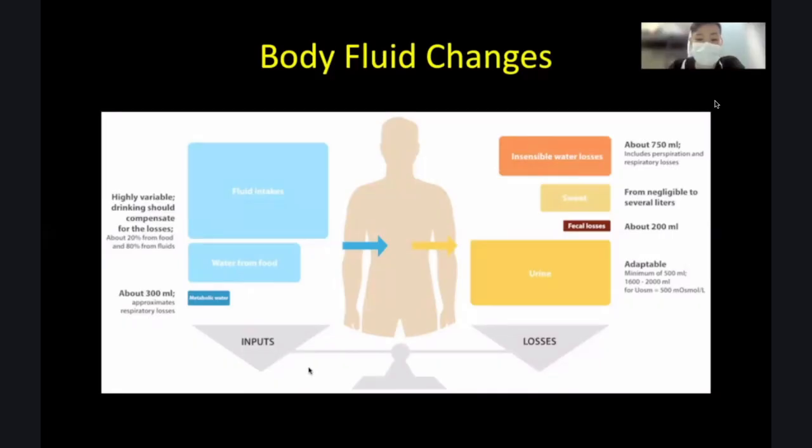It should be in homeostasis. A tilt to one side would render different reactions in the body. So either input from oral fluid intake and from food, then losses from urine, sweat, stool, and other insensible losses.